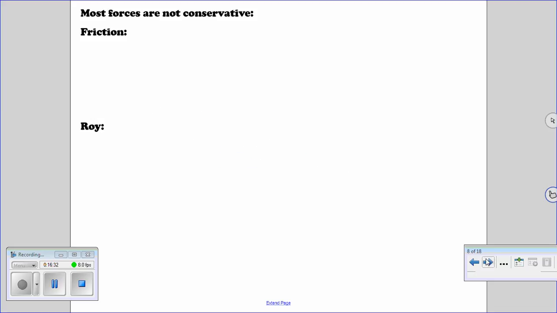It turns out that most forces are not conservative, right? So imagine a crate sitting in a warehouse. Here's a top view. Here's the crate. We're going to move it from point A over here to point B. If you push it in a straight line, then your force of friction is whatever it is, and this is your displacement.